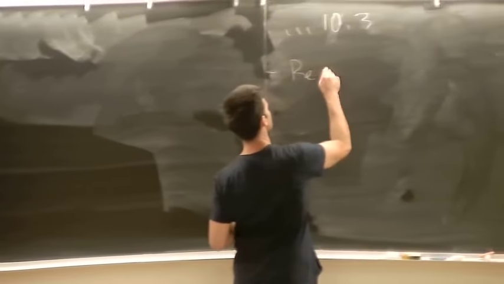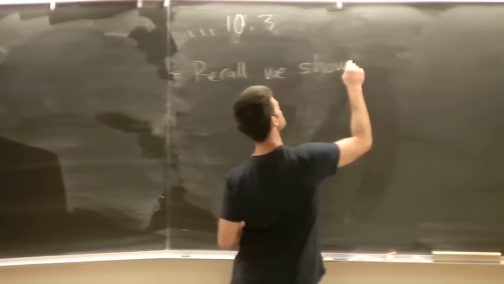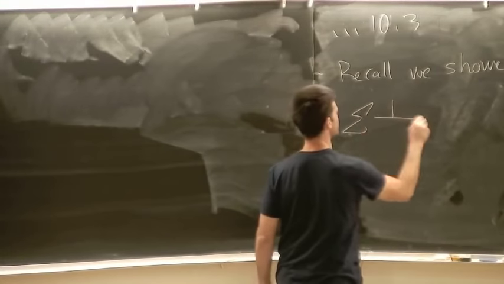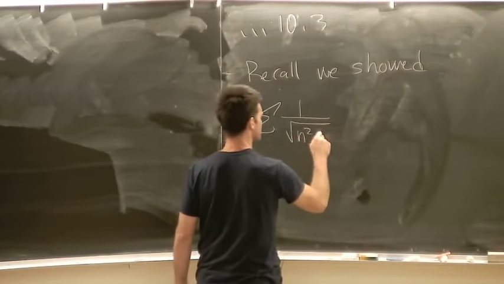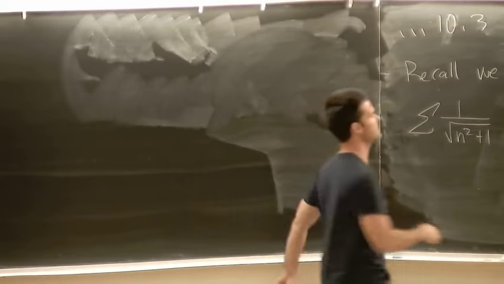So recall that we were looking at the series 1 over the square root of n squared plus 1. We showed it diverges.